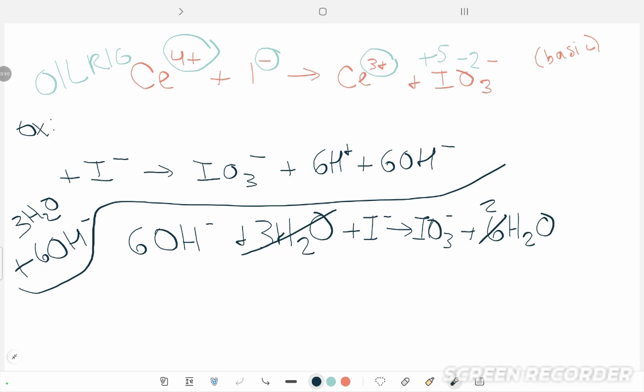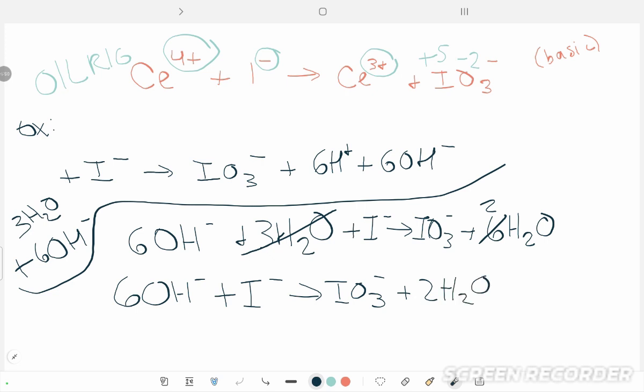So your final thing for the oxidation is 6OH negative plus I negative 1 goes to IO3 plus 2H2O. Just checking that that's right. Yes. No, sorry.